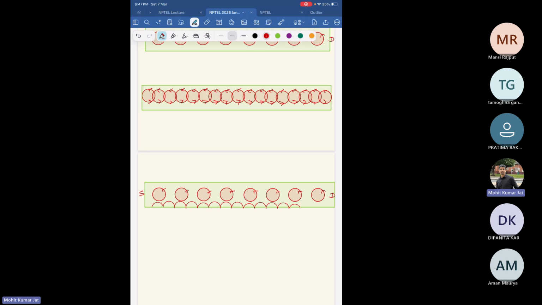Now what will happen? The current which was moving like this will connect the full region, like this, like this, and then reach the drain. The current will flow from source to drain like this, and the electron will flow in the opposite direction. The electron starts from here, comes through the edge.